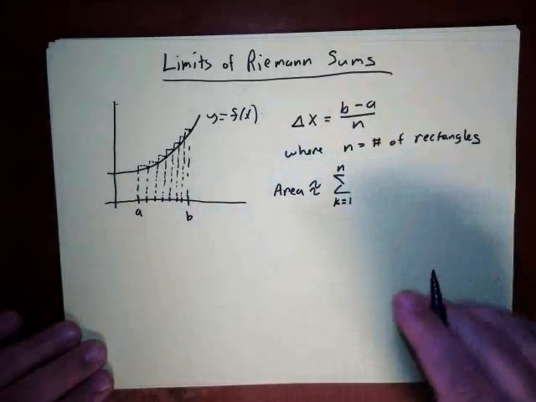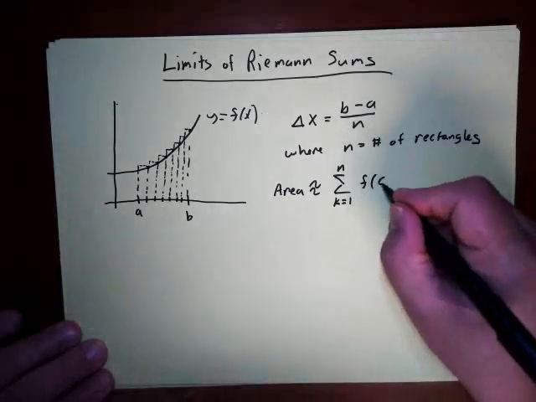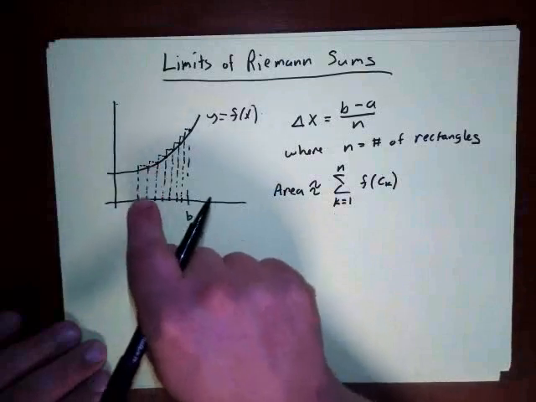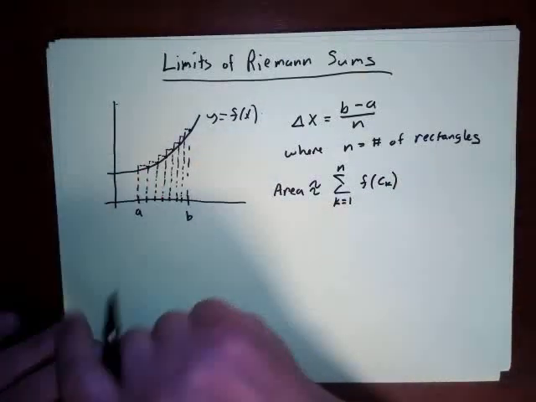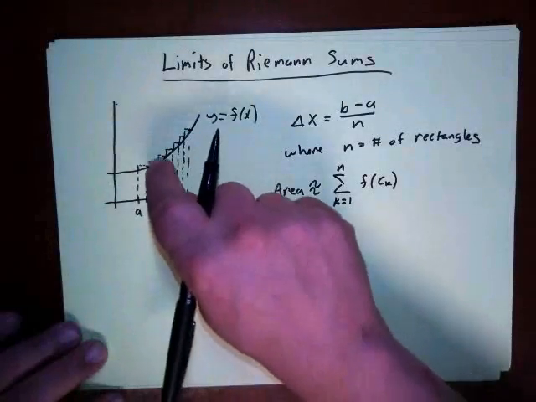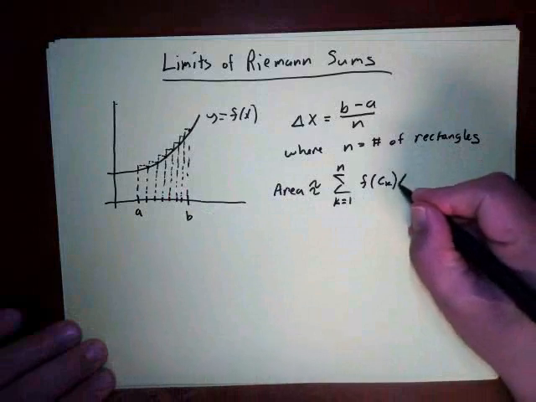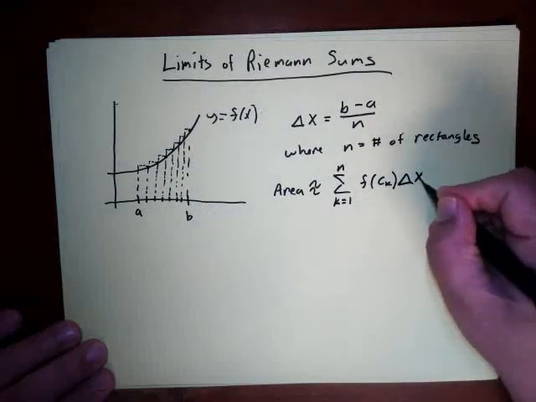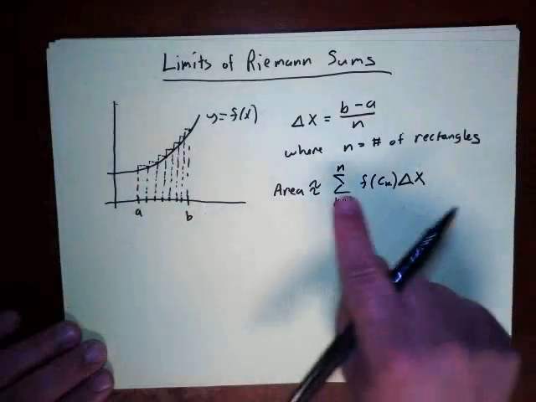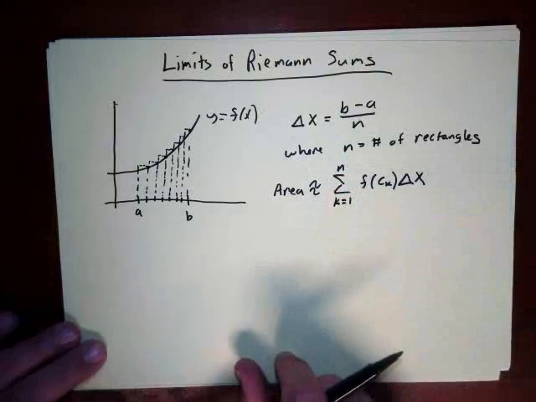You're going to add up all these different rectangles, and the ck is going to be either the left endpoint, the right endpoint, the midpoint, and technically it could be any other point in the interval underneath that rectangle. And then you're going to have this delta x. This gives you the area of one of those rectangles, and you're going to sum up all n of those rectangles.